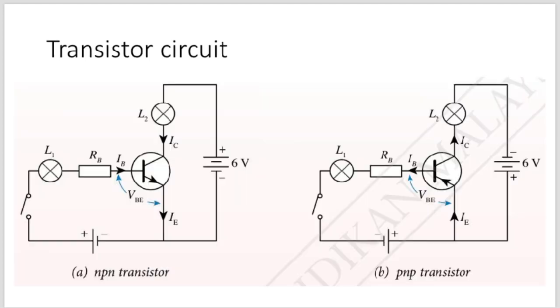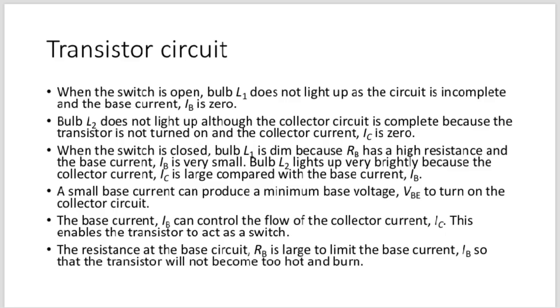All right. And so what is happening here is that by giving the base a little bit of current, it allows a lot of current to flow in the collector circuit. And this is the important thing about a transistor. This is how a transistor works.